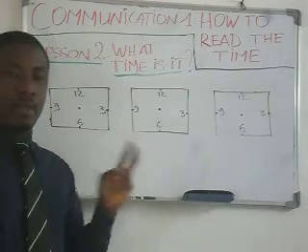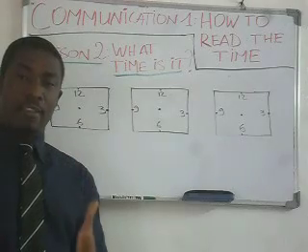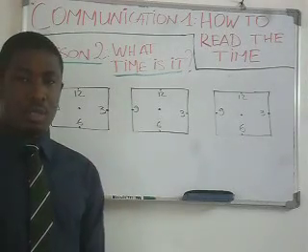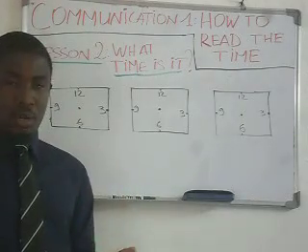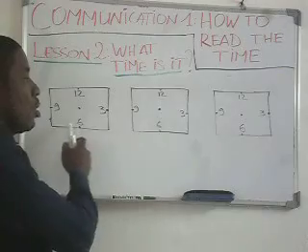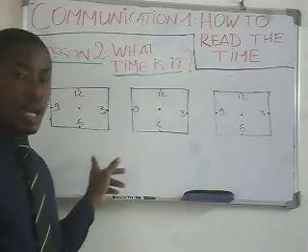just like the 12-hour and 24-hour clock systems we have, we also have 2 types of clocks. That is the analog clock and the numeric clock. So our 3 clocks are analog clocks.